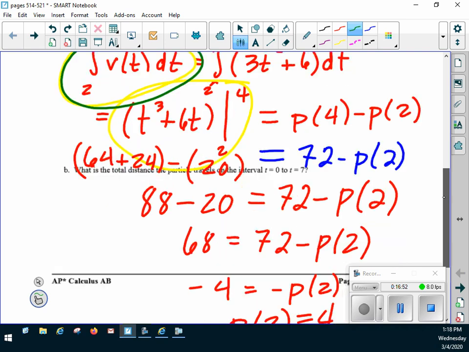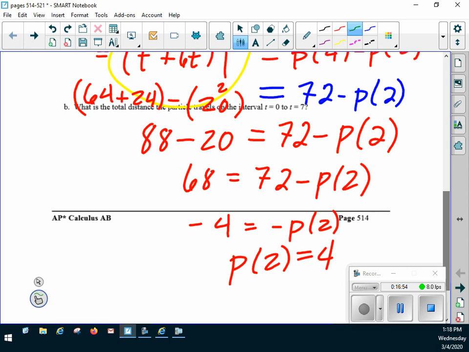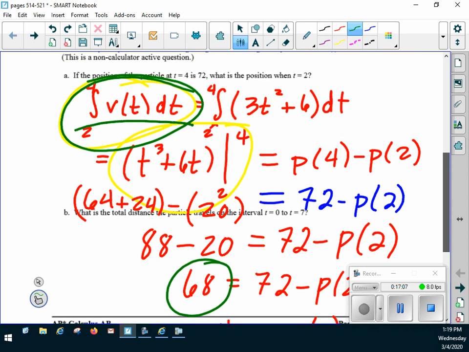So when I do this, this particle would have traveled a net distance of 68 units, correct? That's what this means, is that from time 2 to time 4, that particle would have traveled a net distance of 68 units.